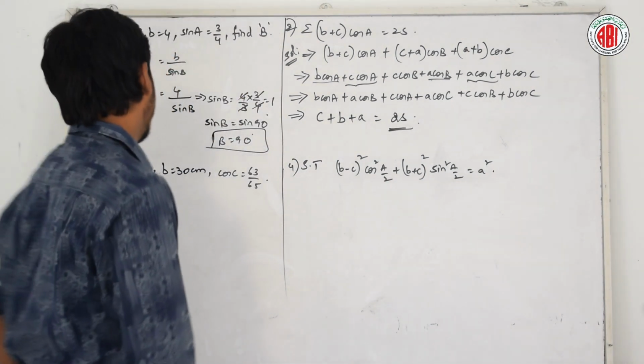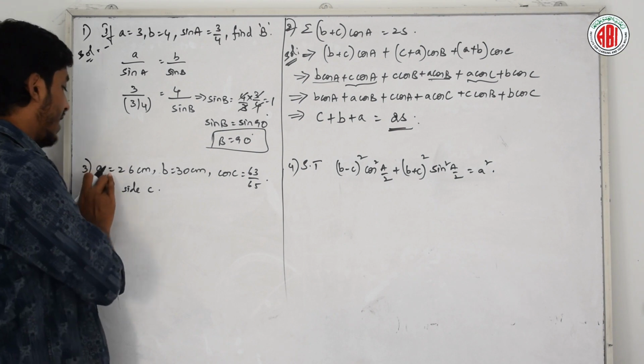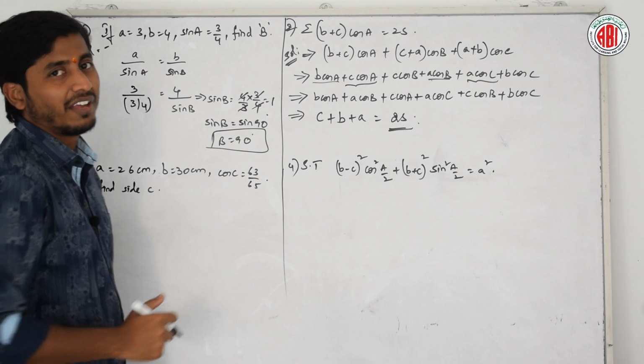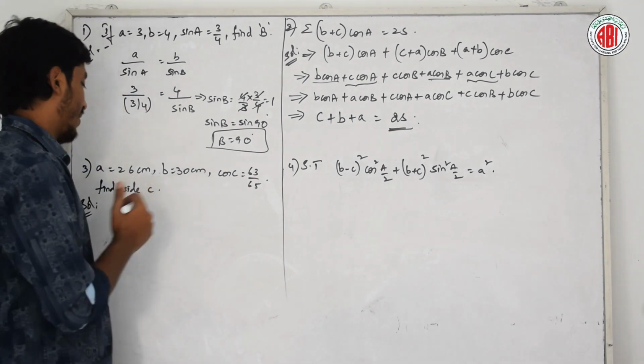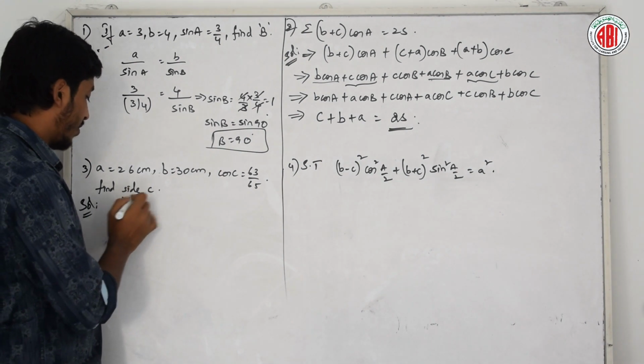Now see here. Here again, the question given here, A is given, B is given, cos C is given. Which rule do we have to use now? Obviously cos C. Very nice. Now tell me, what is the formula of cosine rule?